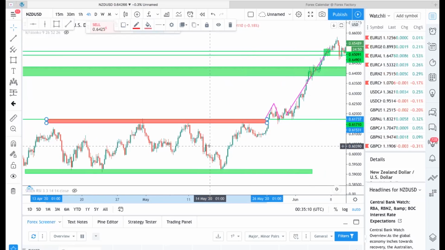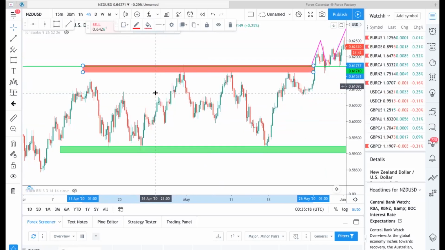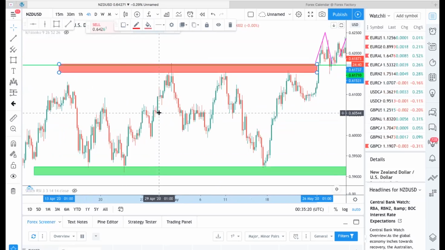So as I was saying, let's do a recap. Probably somebody can walk me through this setup right here. Explain to me what happened when price gets to this area of value.